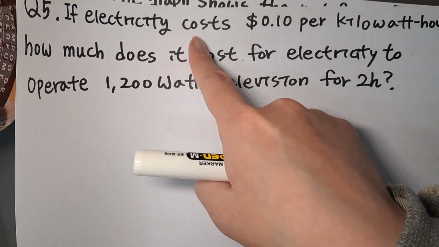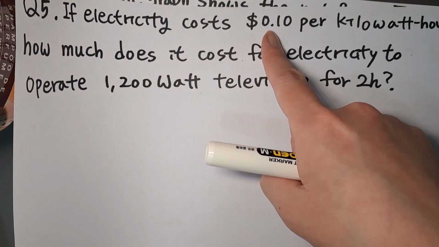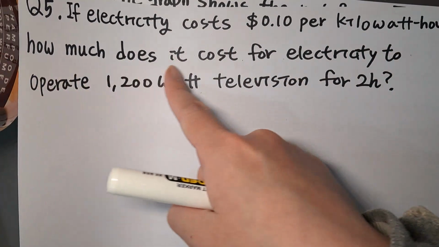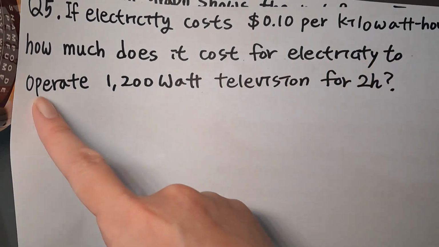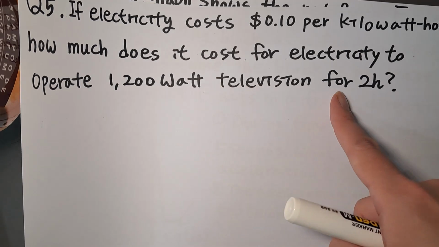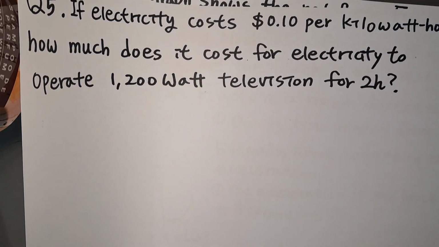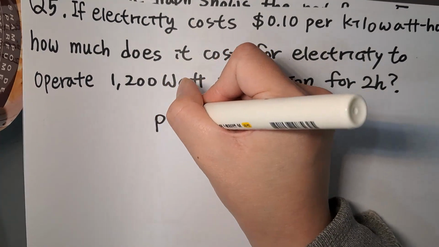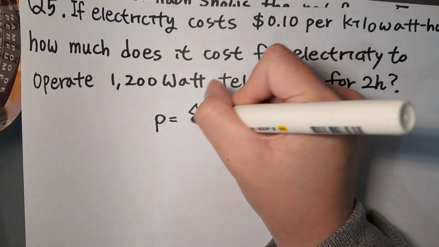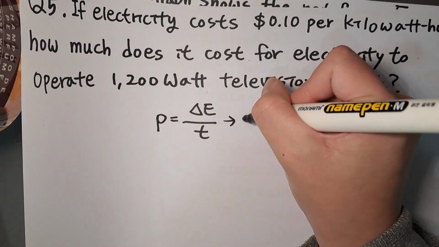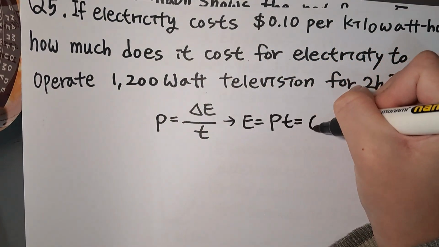If electricity costs $0.10 per kilowatt hour, how much does it cost for electricity to operate a 1,200 watt television for 2 hours? So we're going to find this energy.